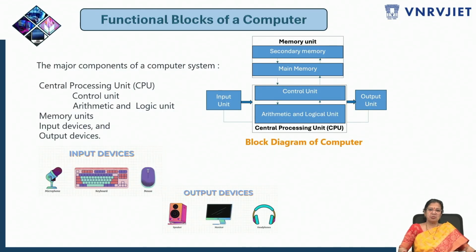Coming to the functional block diagram of a computer system, we all know that the major components are the central processing unit, the memory unit, and the input-output units. The central processing unit consists of two subparts: the control unit and the arithmetic and logic unit. Basically, the central processing unit is the brain of the computer, where the arithmetic and logic unit performs all the arithmetic and logical operations, whereas the control unit generates control signals in order to perform these operations.